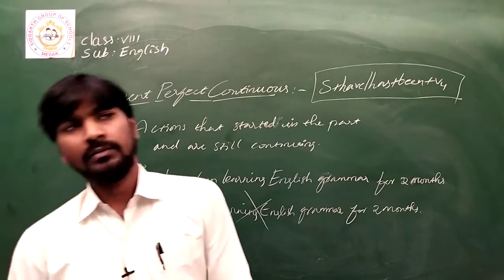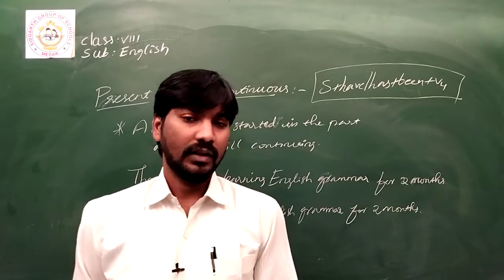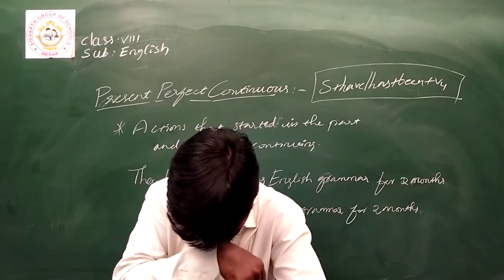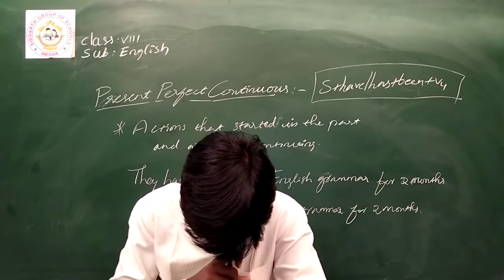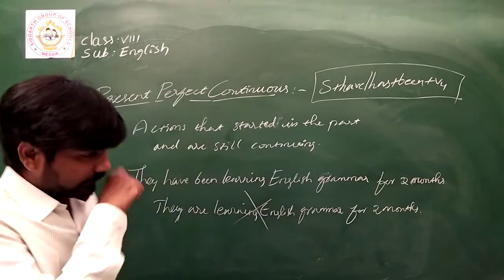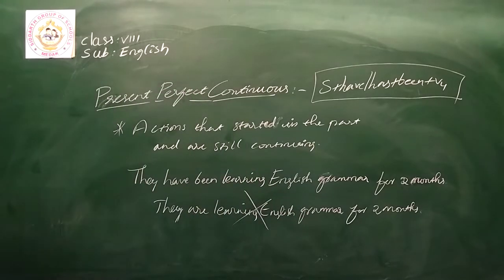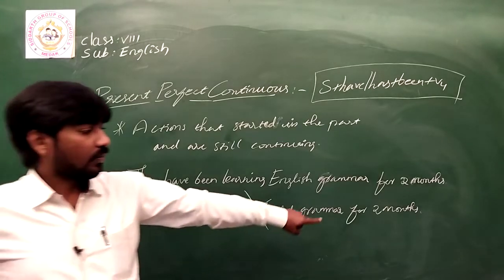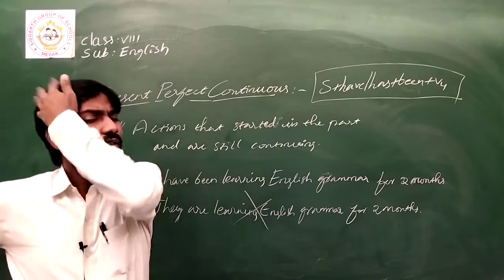One more example to come, then I will go for the table. They have been learning English grammar for 2 months, and write this one also as struck off. We should not use present continuous when we point a time. Okay, that's it.